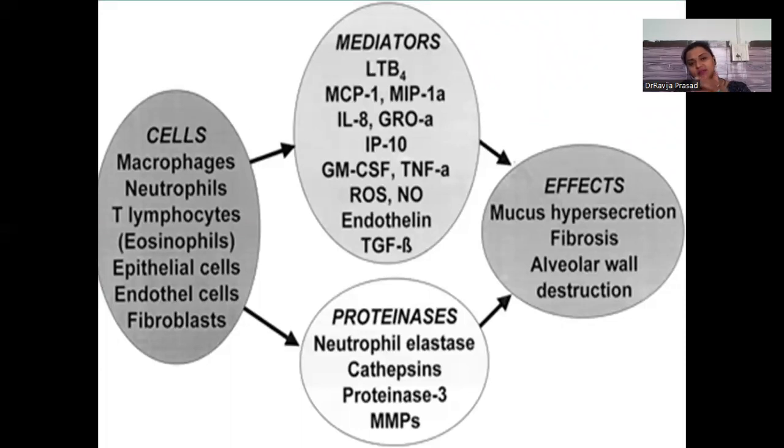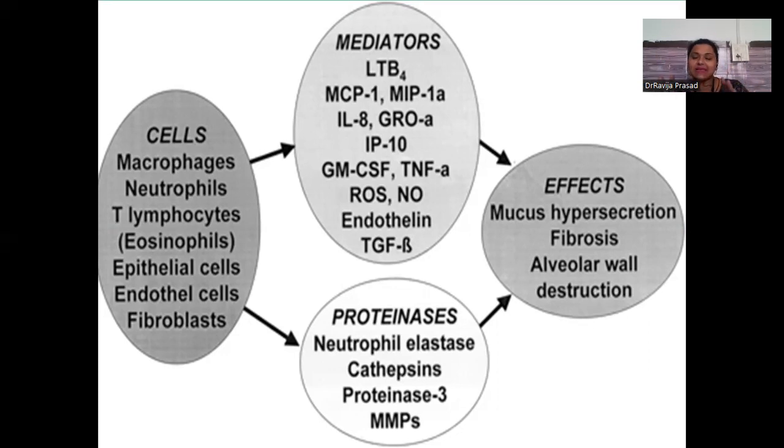Then the effects: these are the mediators which lead to the effect of mucus hypersecretion, fibrosis, alveolar wall destruction. Then from there, it leads to the proteinases, that is neutrophil elastase, cathepsins, proteinase 3, MMPs. Over there, the cycle: macrophages and neutrophils, lymphocytes, eosinophils, epithelial cells, endothelial cells, and fibroblasts.